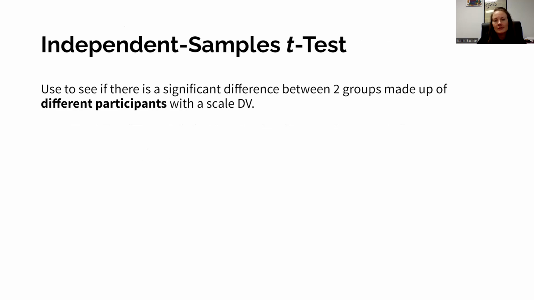All right, so if we sum it all up, we use the independent samples t-test to see if there's a significant difference between two groups made up of different participants with a dependent variable that's on an interval or ratio level of measurement. Again, we use the independent samples t-test to see if there's a significant difference between two groups made up of different participants with a scale dependent variable.